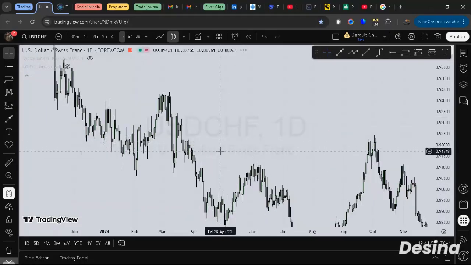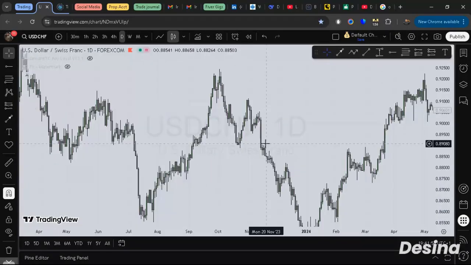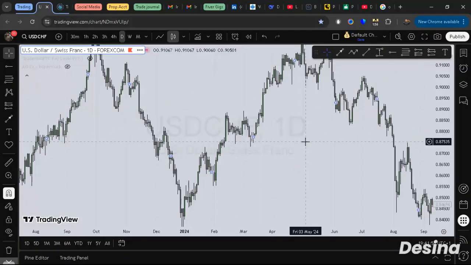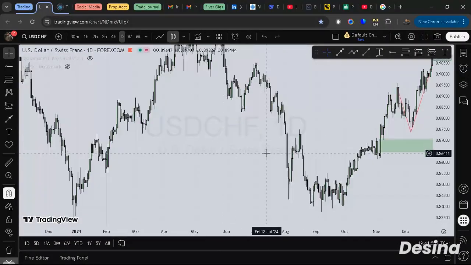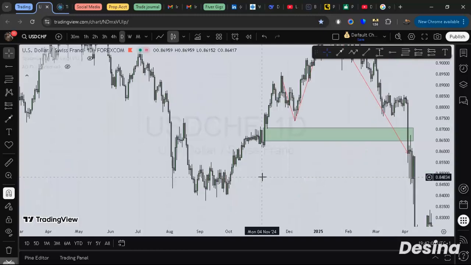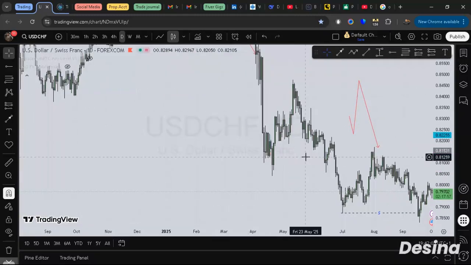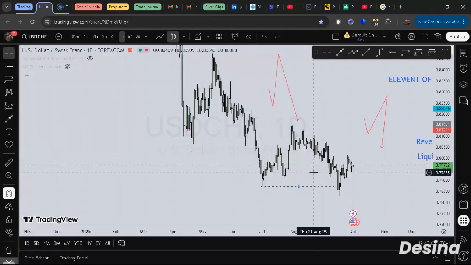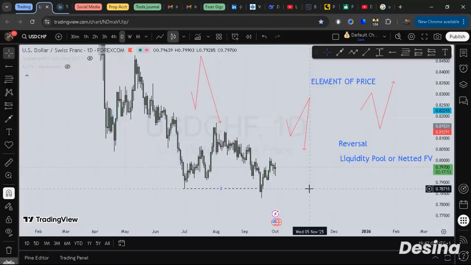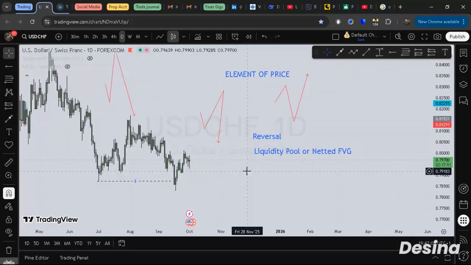So that's the whole concept about the element of price. I can't find another example of reversal. Sorry about that. But once you get the idea behind it, you can spot it yourself and understand it.